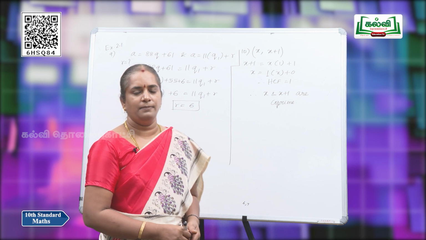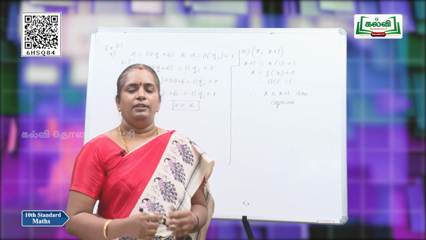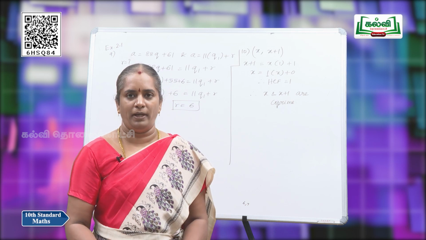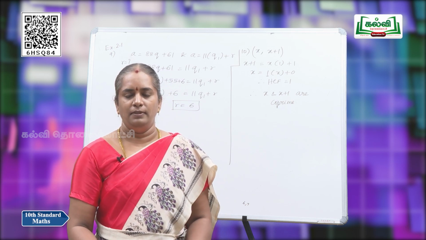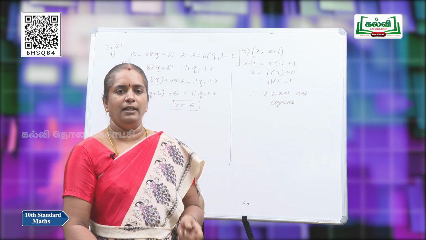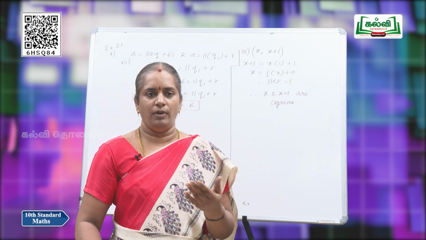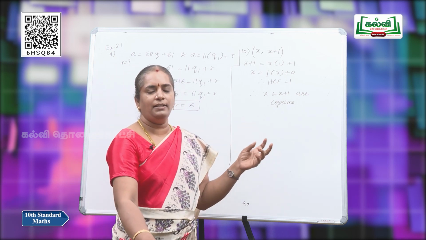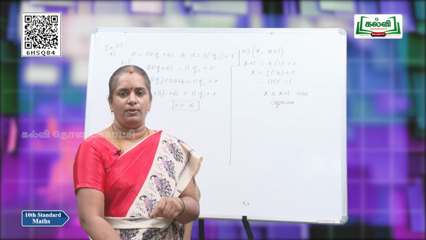The sum says that two consecutive integers are co-prime. We have to prove that. We can take any two numbers as x and the next number, which will be 1 more than x, so x plus 1. We have to find the HCF of x and x plus 1.